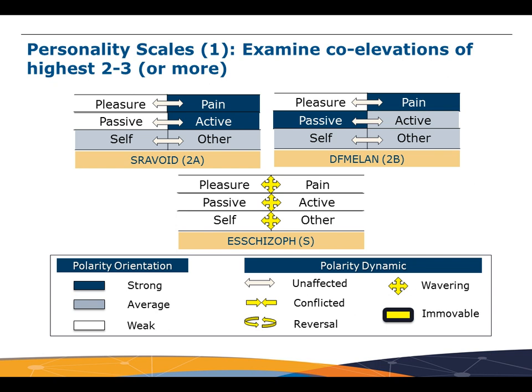Here I've brought up that same example as I've talked about before, the avoidant and melancholic. Particularly here we're looking at that motivational component of an active pain orientation with the avoidant, a passive pain motivation with the melancholic.